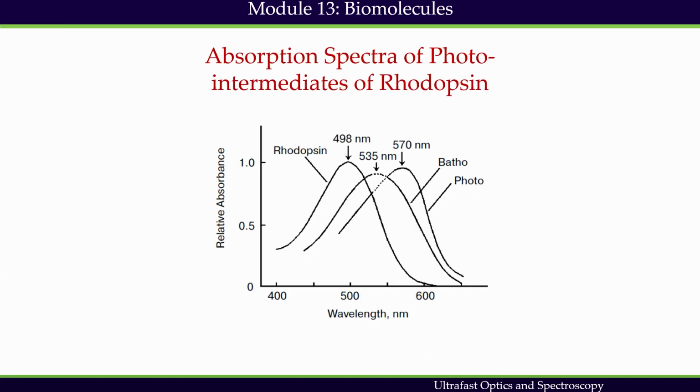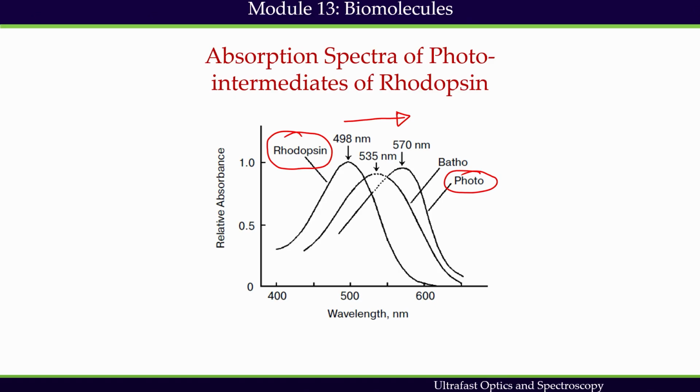Absorption spectra of photointermediates of rhodopsin can help one identify the intermediates very easily. This is the rhodopsin absorption spectrum, and if you look at the other photoproduct, which is this one, let's say the all-trans photoproduct, it is red shifted. So the peak has moved to the longer wavelength, and that's why we can easily identify what product we have formed due to photoexcitation.